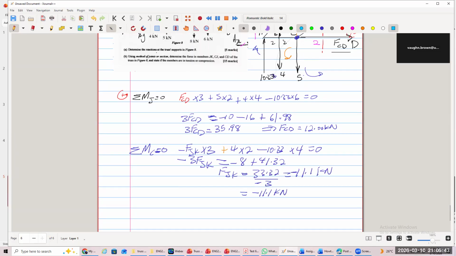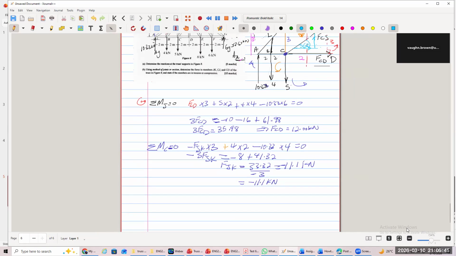So let me make it smaller so I can write it and then I'll come back bigger. So the component going that way is going to be on the block. What is the component that we're finding? FCJ, cos 56.3.